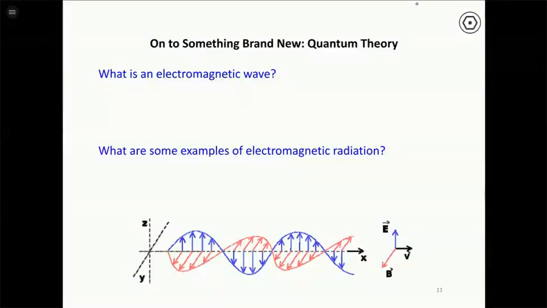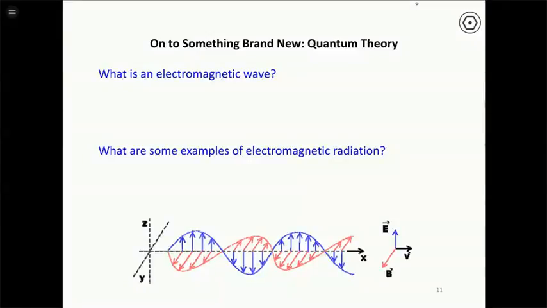But then some ambitious scientists started doing experiments studying the interaction of light with matter, and they found some really weird observations that didn't jive with what people thought was true. So again, with the scientific method, you test an idea, you find something unexpected, you have to refine the hypothesis and come up with new theories to describe it, and that's what we're going to get into in Chapter 2.